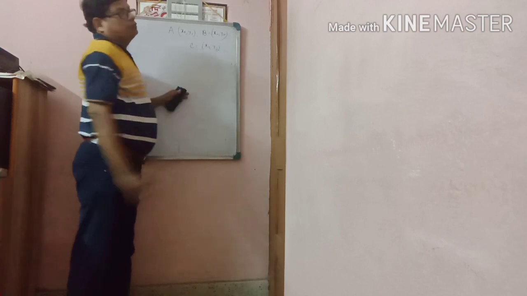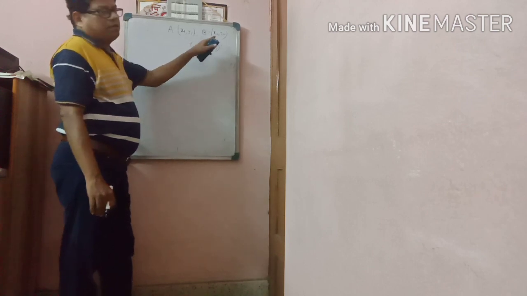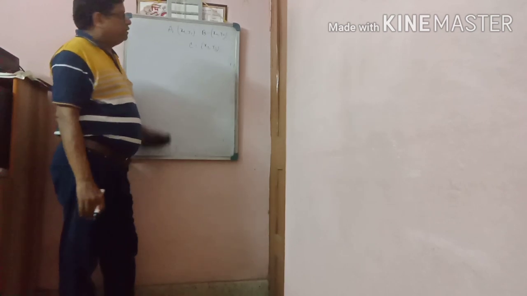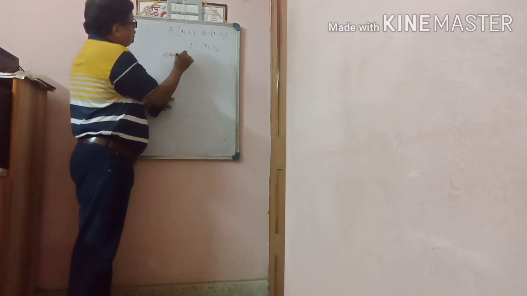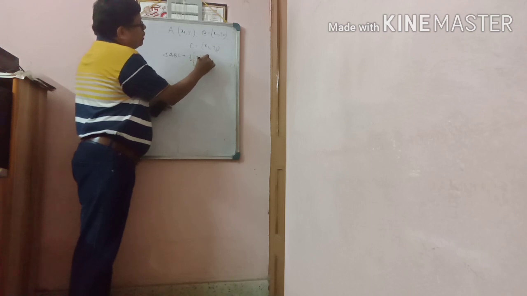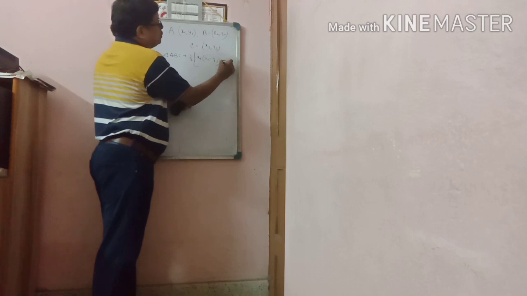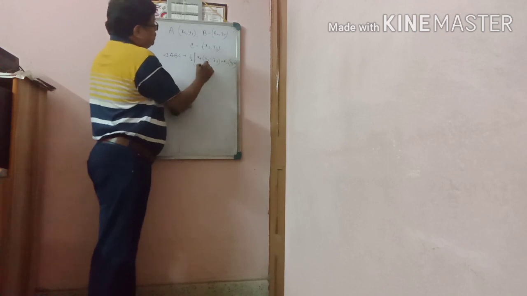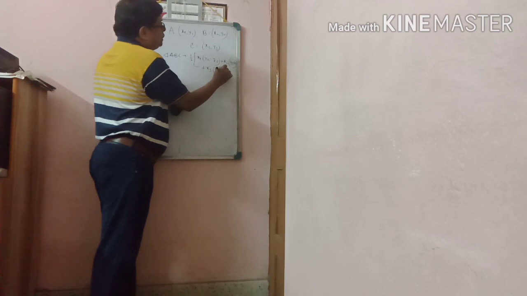Then find the area of the triangle. Just remember the formula I'm writing. The triangle ABC area is half bracket x1 into y2 minus y3 plus x2 into y3 minus y1 plus x3 into y1 minus y2.